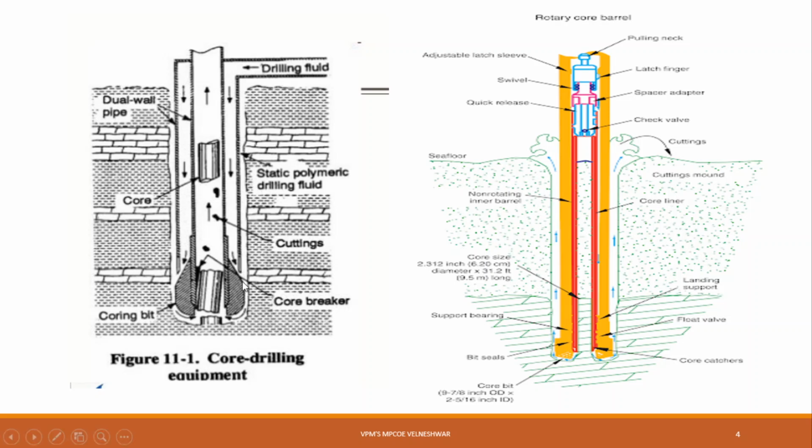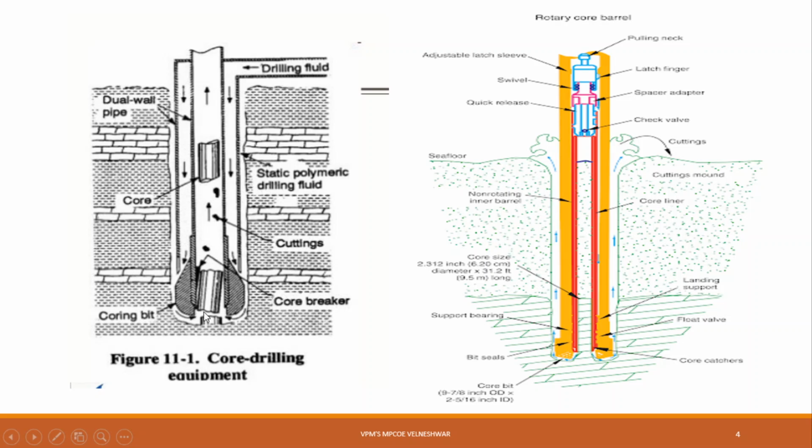See here, this is the core barrel. This is the core barrel fitted with a core bit, a drilling bit, to a hollow drilling rod. This hollow drilling rod is called a core barrel, and the core bit is fitted to it.